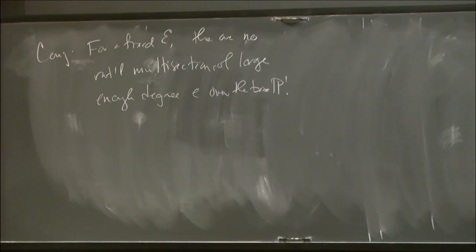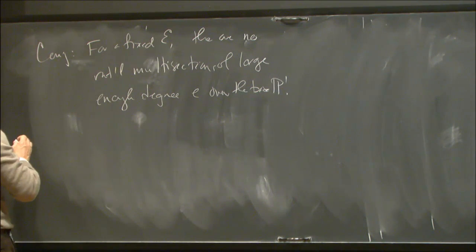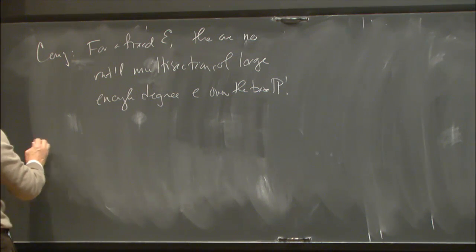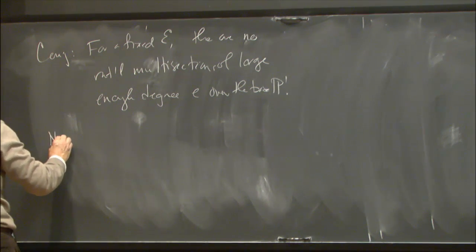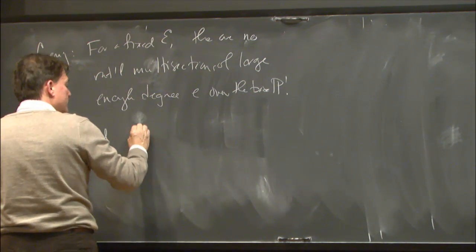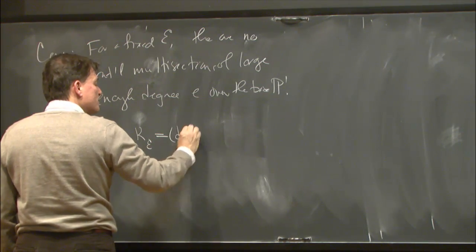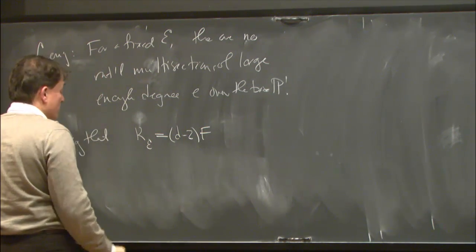This admits a very nice reformulation, which makes it fit in with other stuff and makes it a little bit more plausible. I wouldn't be willing to conjecture just based on this heuristic, but the other things that it fits with very nicely give it a little bit more plausibility. So let's reformulate this. We note that the canonical bundle of an elliptic surface of the type we're talking about is (d minus 2) times the fiber.